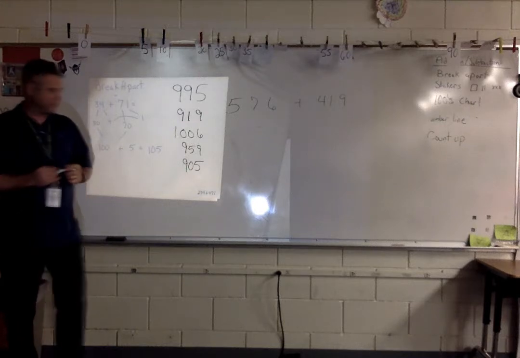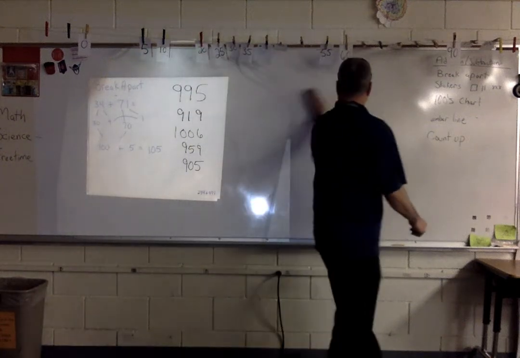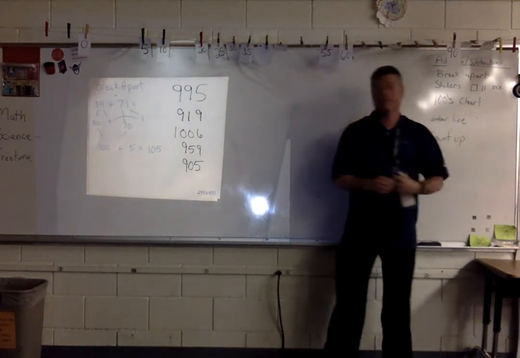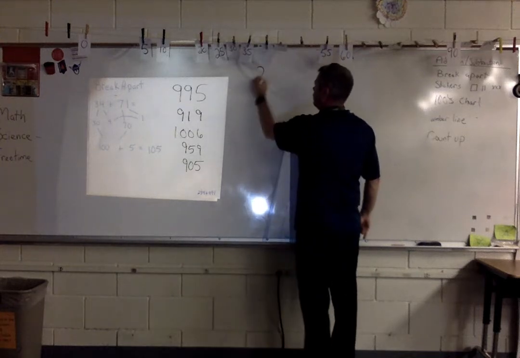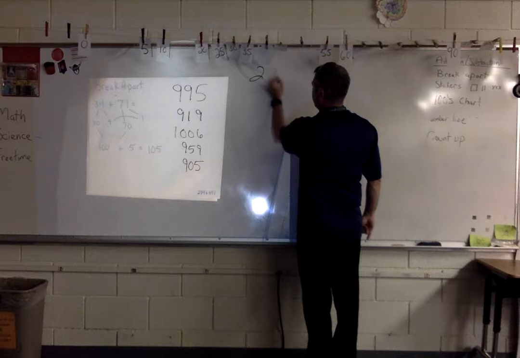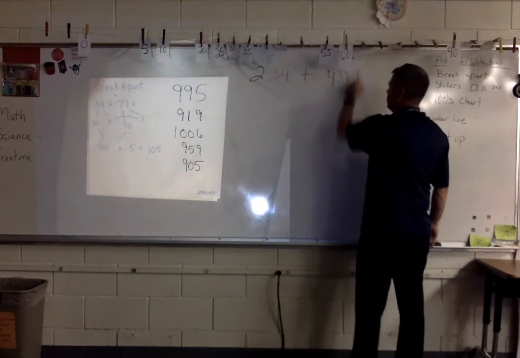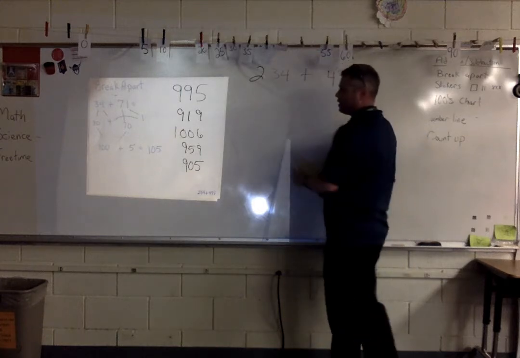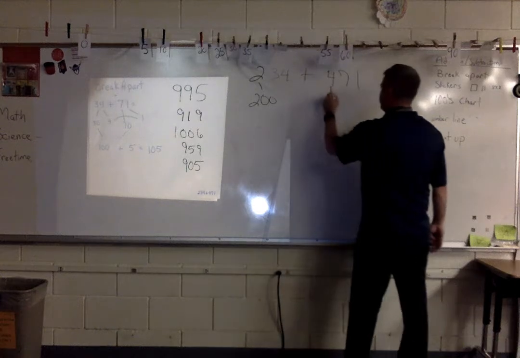Okay, so we've got lots of different choices here. Can I take a break? I need to finish this first. Okay, so let's see. Our number is 234 plus 471. Okay, so there's 200s, right? And there's 400.